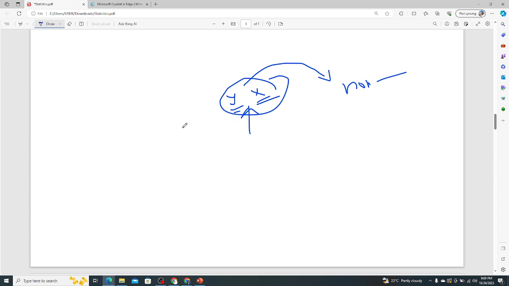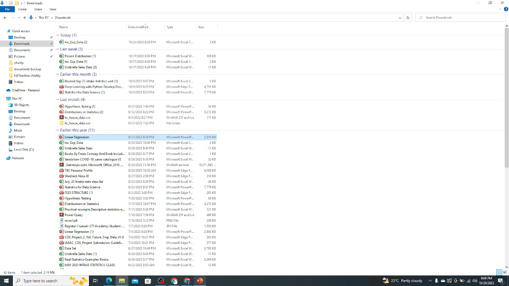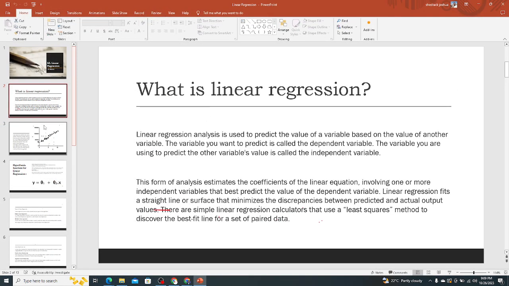Another assumption, in the case of multiple linear regression, is that we should not have high correlation between the independent variables. Also the error terms must approach a normal distribution. We shall check on that as we move on with the class.